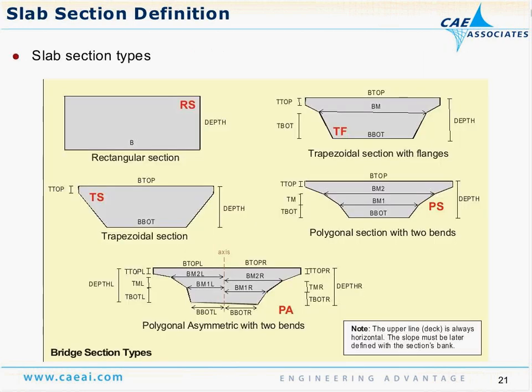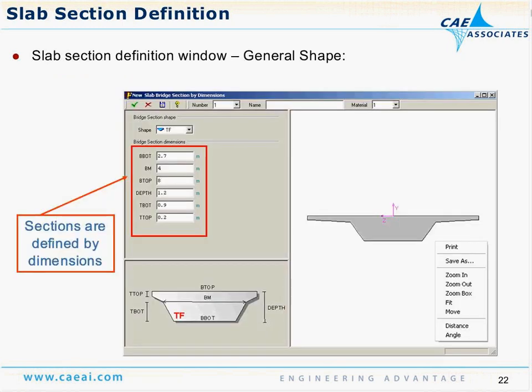So if we take an example, look at some of the slab operations. We, of course, can just create a straight rectangular slab. There's also some polygonal sections where you can have a variable thickness type slab. The slab definition gives you a window. You input the parameters, has a sketch on what it looks like.